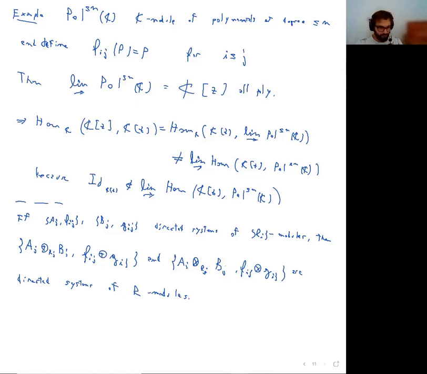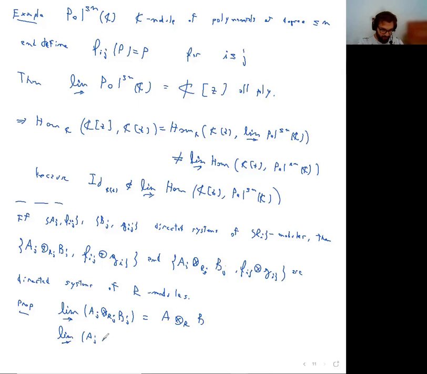And proposition: these are also very nice with respect to the limit.